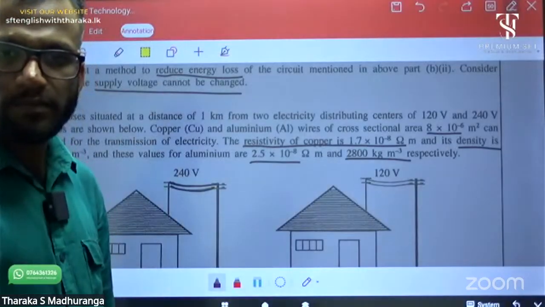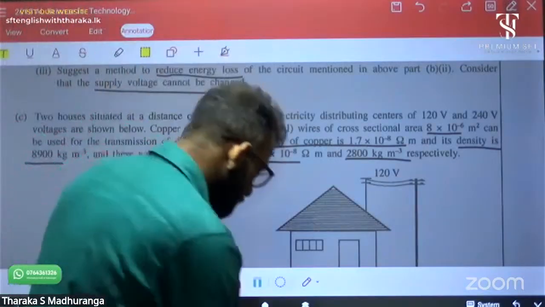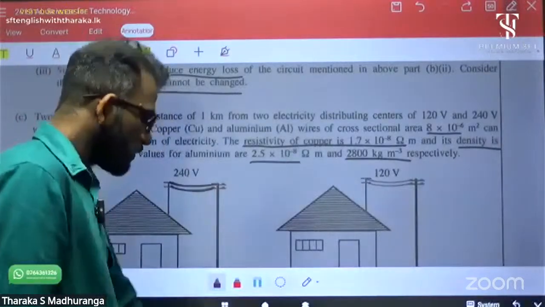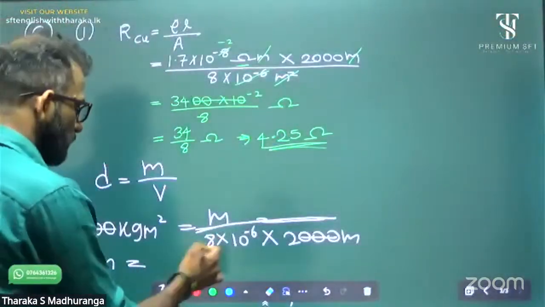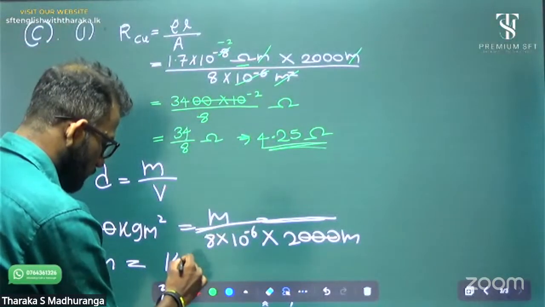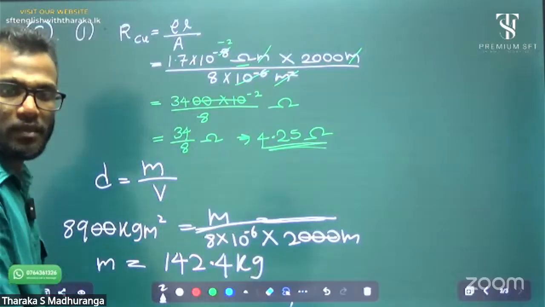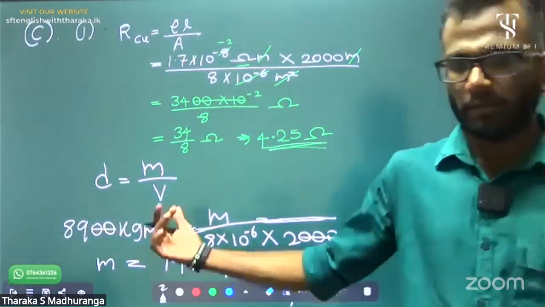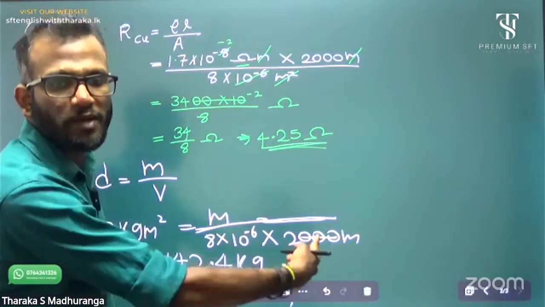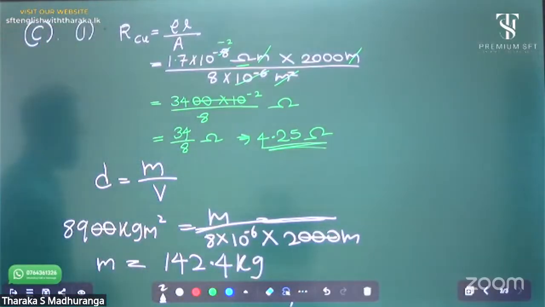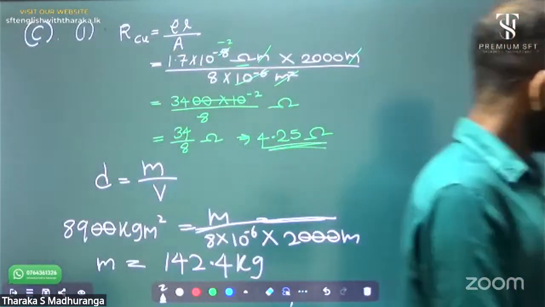Yes, 1424. The answer is 1424 kilograms because of the 10 to the minus 1. If you don't cancel the zeros, you can just use a calculator and cross multiply. However, this is the answer, the mass of copper. Understood, Dini?